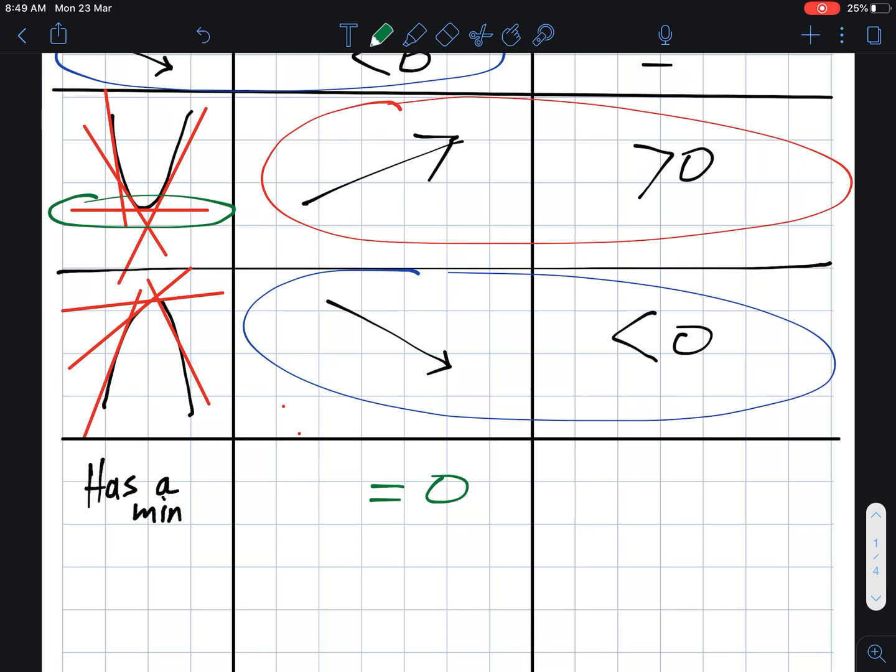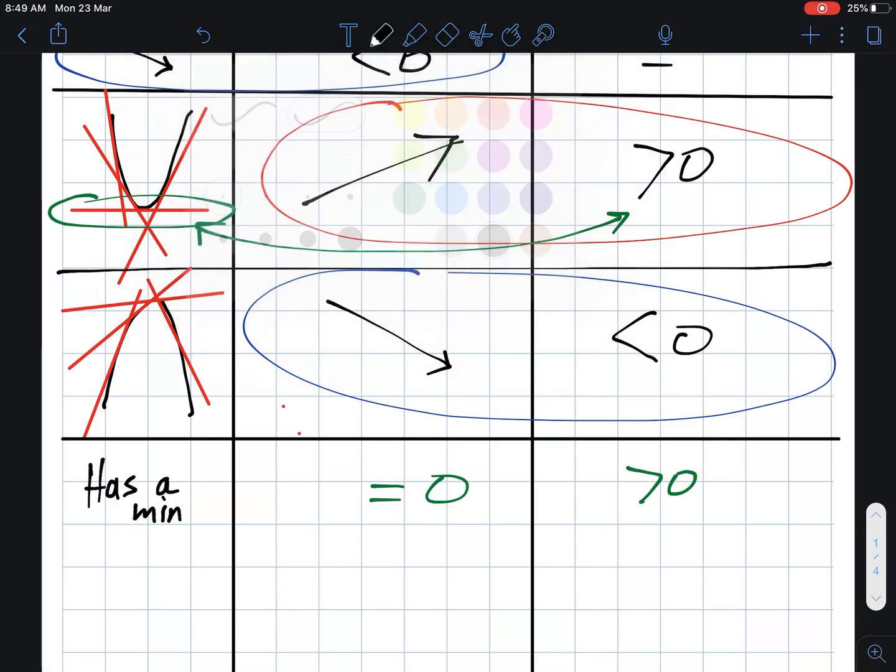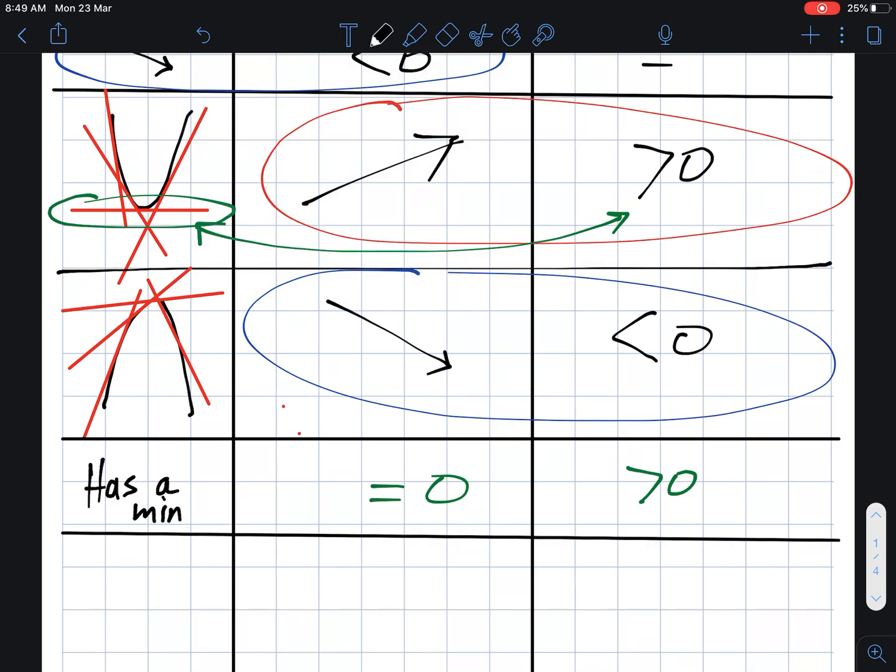If you have a min, then the function is concave upwards, and if the function is concave upwards, then the second derivative is positive. That's the fifth conclusion. The sixth condition: if f of x has a max.